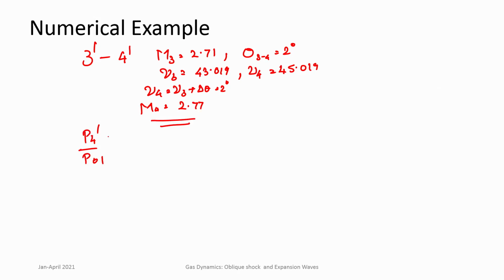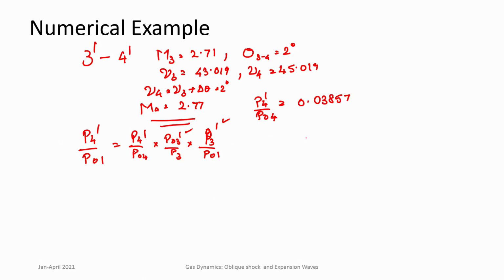This is P4 prime by P04, P03 prime by P3, P3 prime by P01. These were calculated in the earlier steps. P4 by P04, you know for 2.77. So for this Mach number, P4 by P04 is 0.03857.